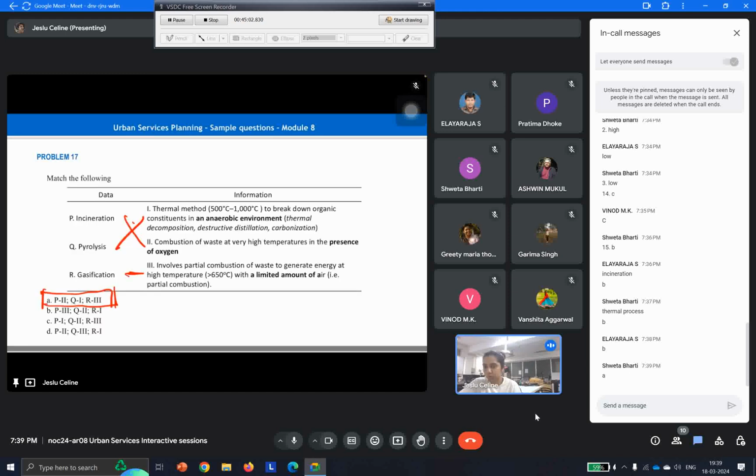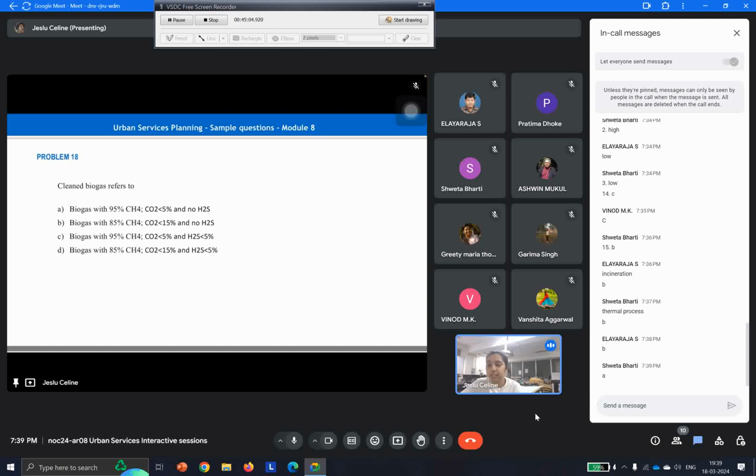Did I miss a question? No. Problem 18. Clean biogas refers to A, biogas with 95% of methane, carbon dioxide less than 5%, and no hydrogen sulfide. B, biogas with 85% of methane, carbon dioxide less than 15%, and no hydrogen sulfide.